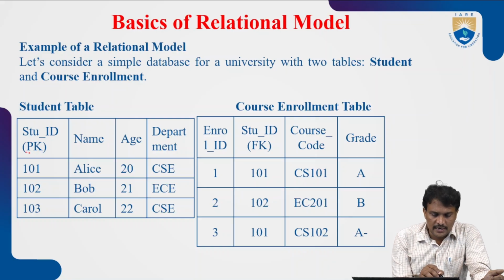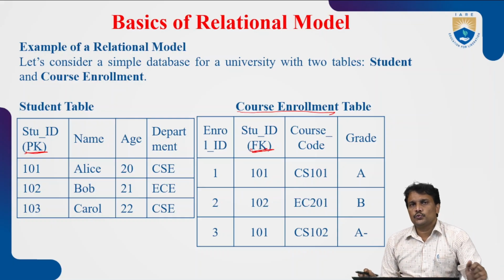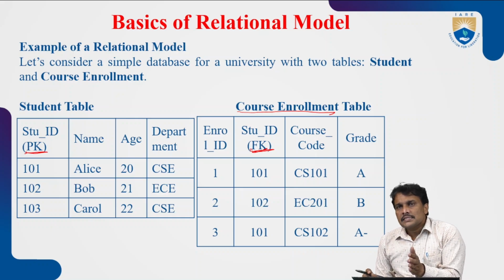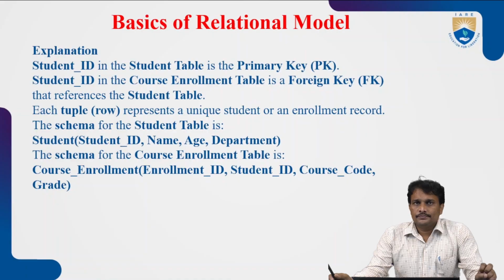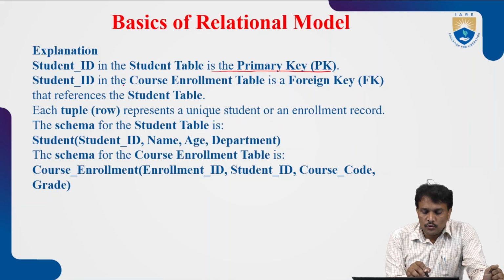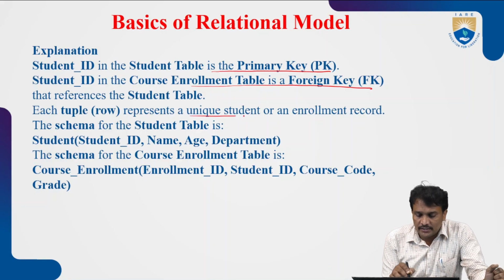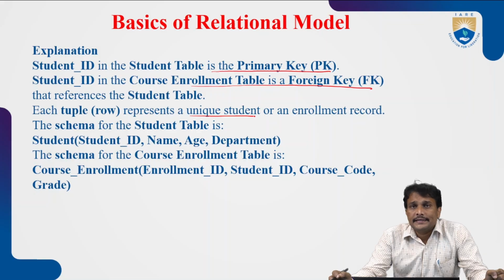The student ID acts as a primary key in the first table, and in the second table it is a foreign key. Now, the student ID in the student table is the primary key, and the student ID in the course enrollment table is the foreign key that refers to the student table. Each row represents a unique student or an enrollment record.